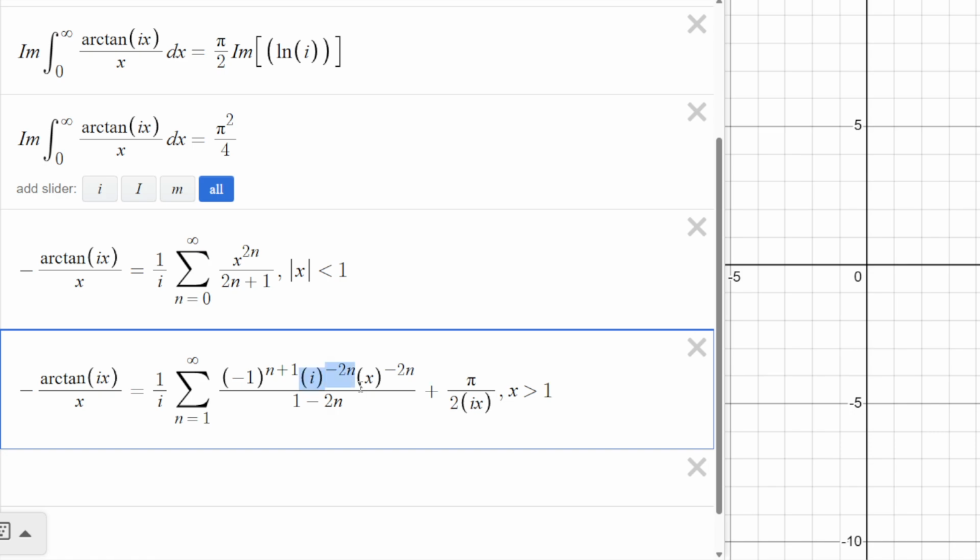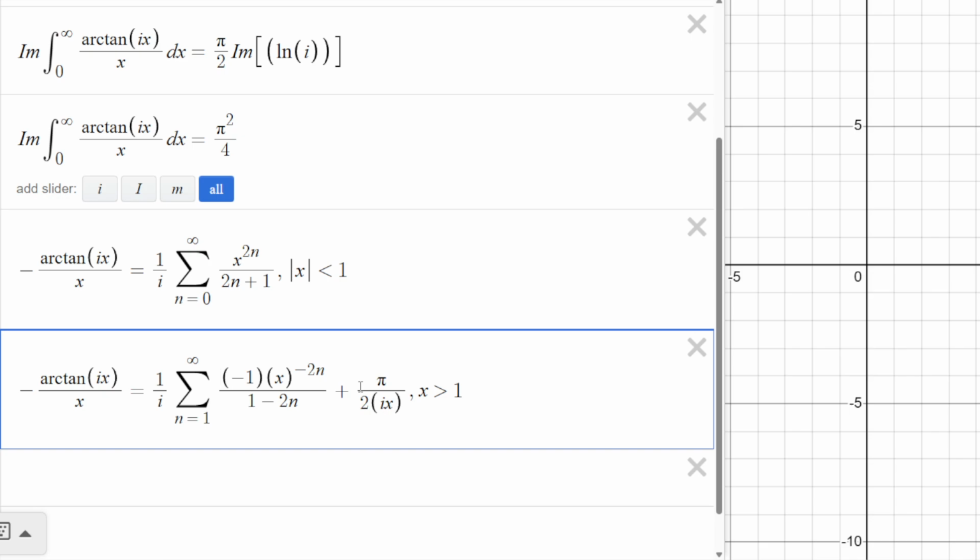So this is negative 1 to the n times negative 1. Again, negative 1 to the n times negative 1 to the n is just 1.